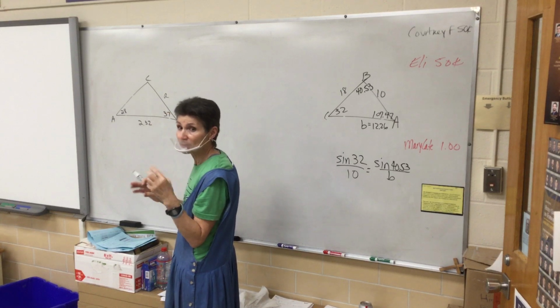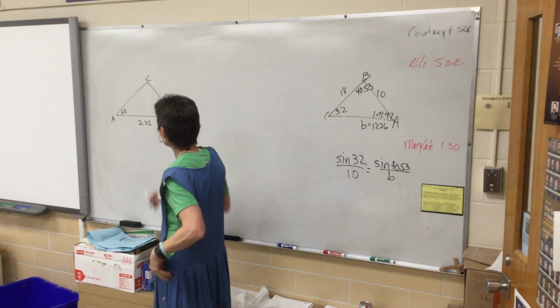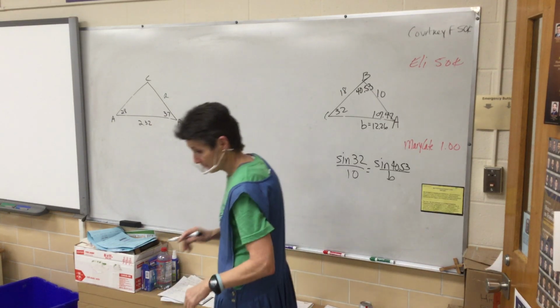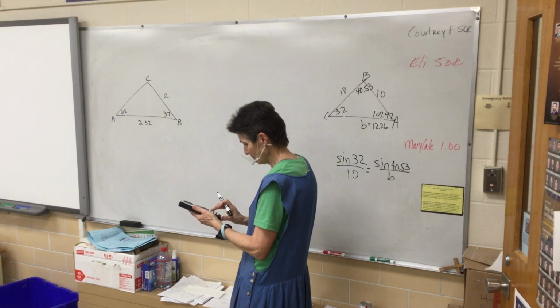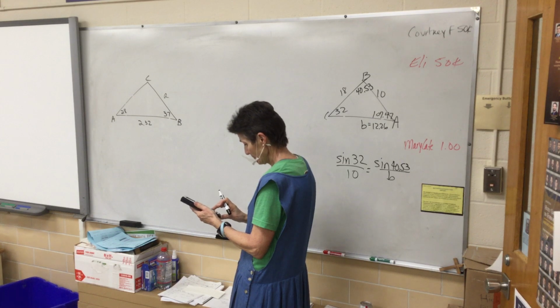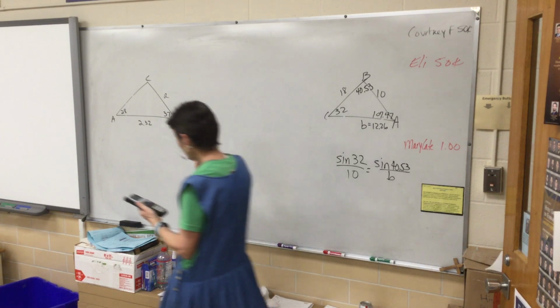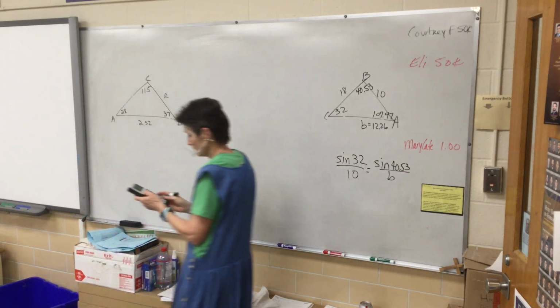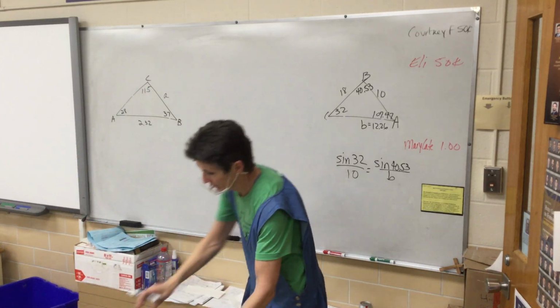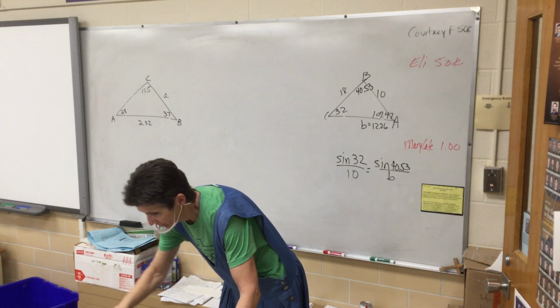Yeah, so you understand? Two steps. Okay, here we go. So how am I going to go about finding side A? Find angle C, and that'll be easy. Right? 115. And then what? Now that I know angle C.